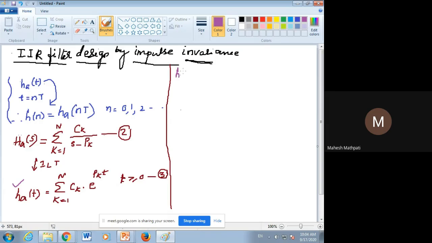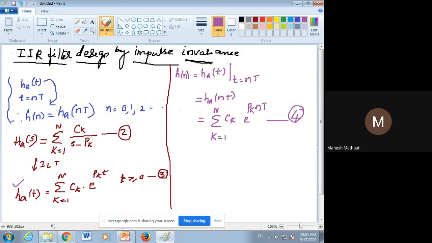We can write it as h of n equals h A of t at what value of t? t should be replaced by n t. So h A of n t, or finally, summation k equals 1 to n, the c k term remains as it is, then e power p k, where t is replaced by n t. Let us call it equation 4.